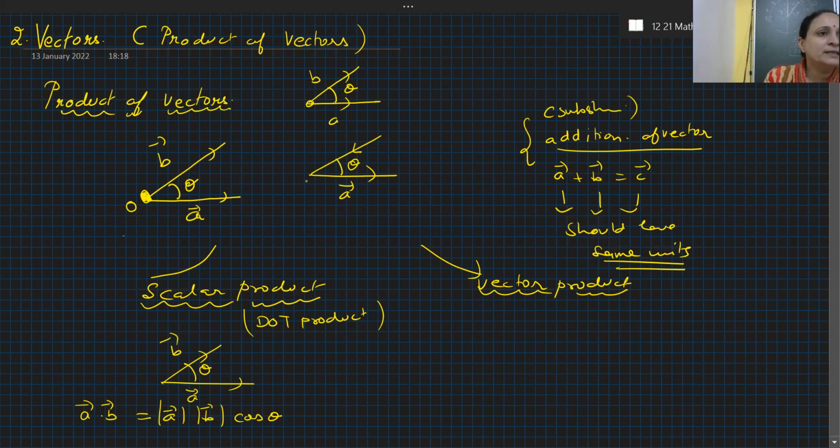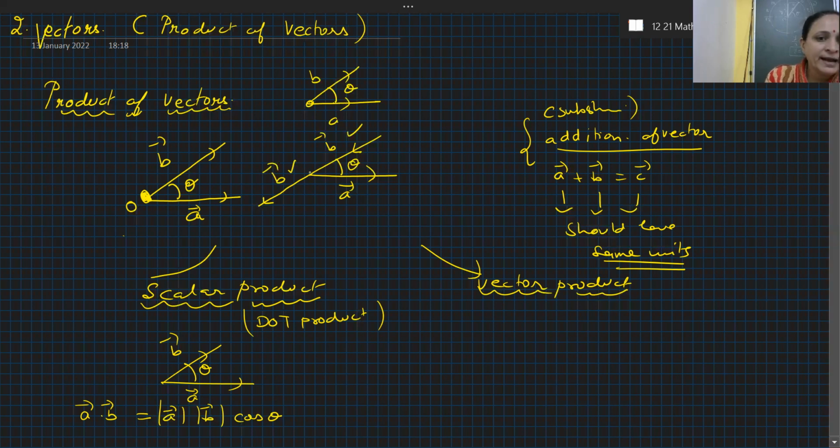Which angle is to be considered? I need to extend this B vector to the other side. This is vector B. So I'll draw another vector B by extending it from the point O. And now I have got both the vectors pointing outside.